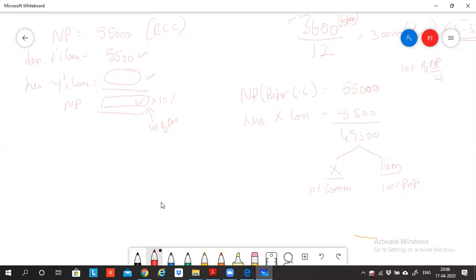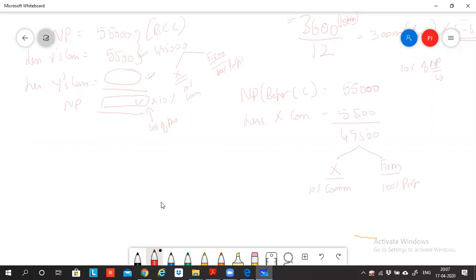So what I did is, from 55,000, if I minus 5,500, I'm getting 49,500 as the net profit. This 49,500 belongs to two people. One is X, another one is firm. In this, X's 10% commission is involved. And in this 49,500, firm's 100% profit is getting involved.